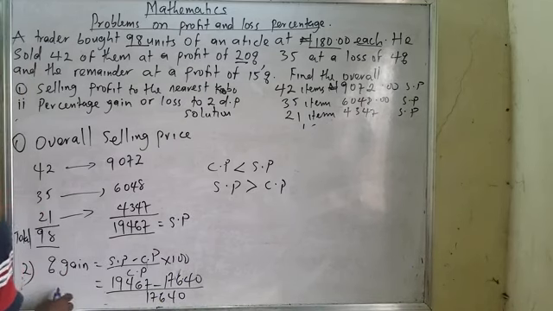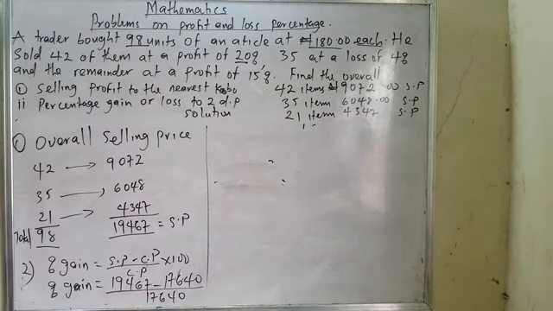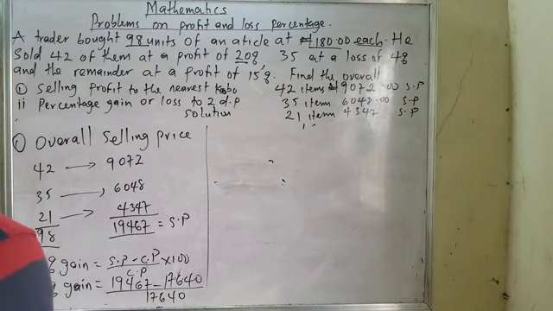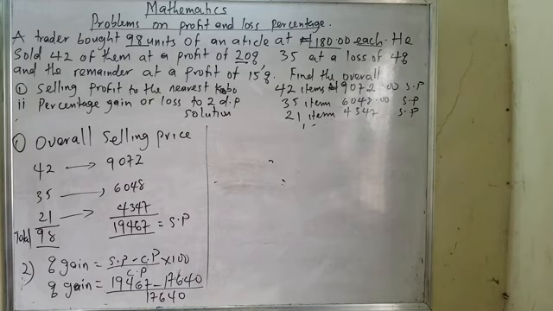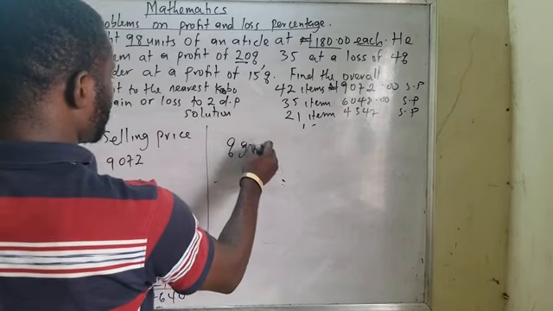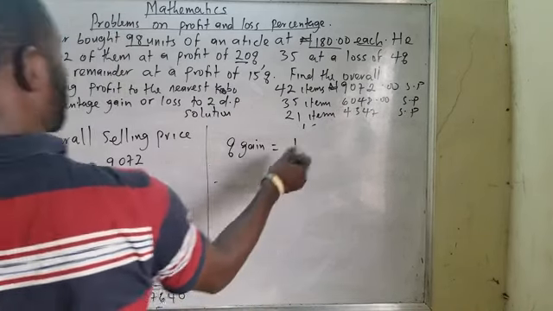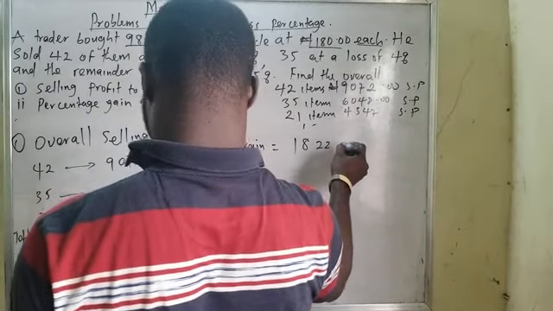This is going to be the percentage profit or gain, whatever you call it, because the question emphasizes gain. Now, this minus this will be 1,827. It means percentage gain will be equal to 1,822.